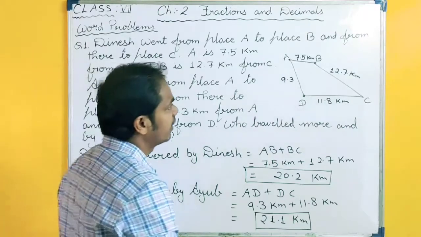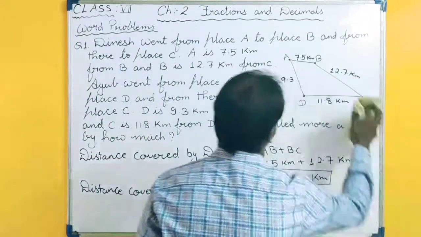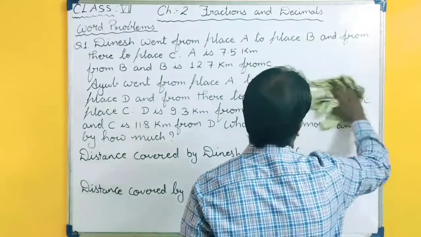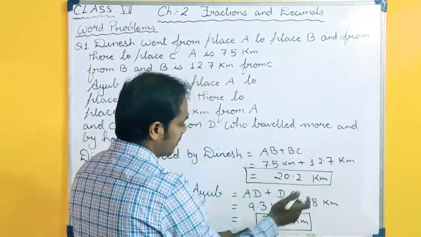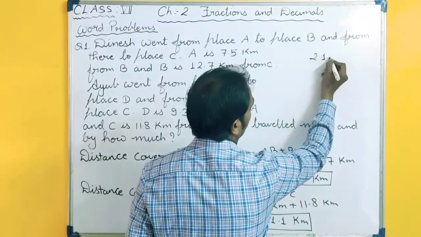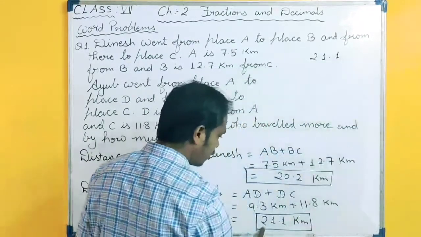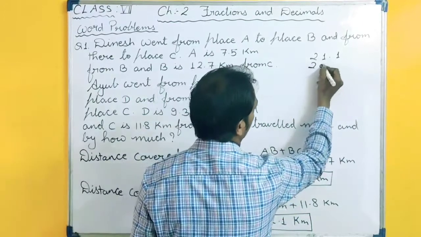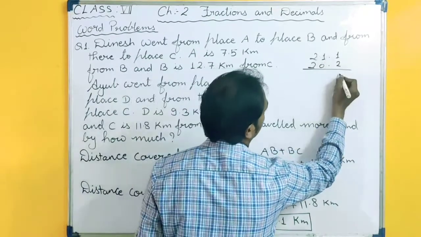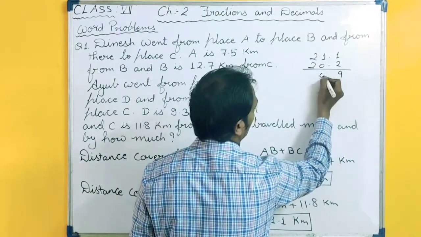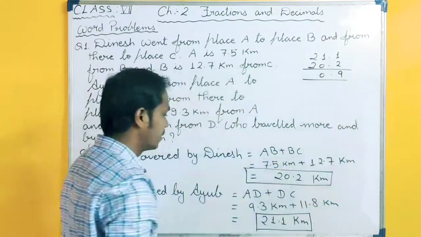Okay. So here I am showing the subtraction. Who travelled more and by how much? So 21.1 kilometer minus 20.2. Okay, take carry 1. So you will get 0.9.